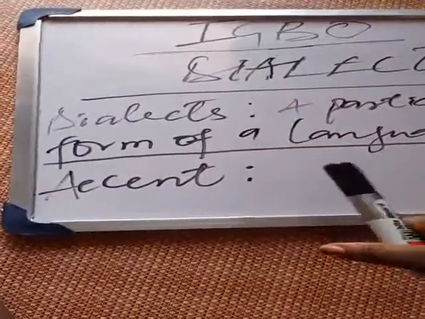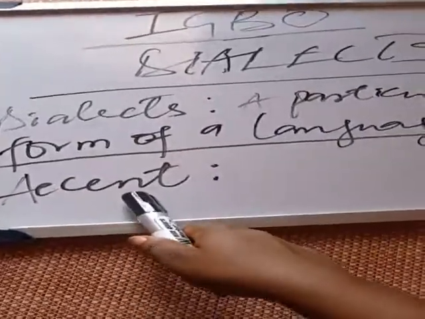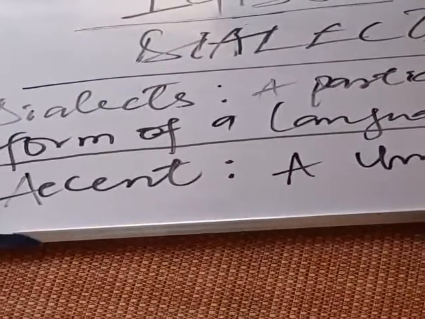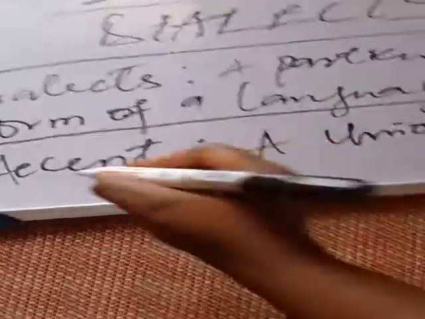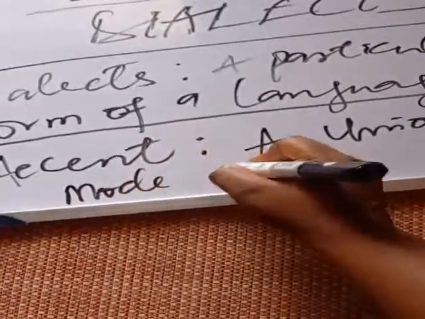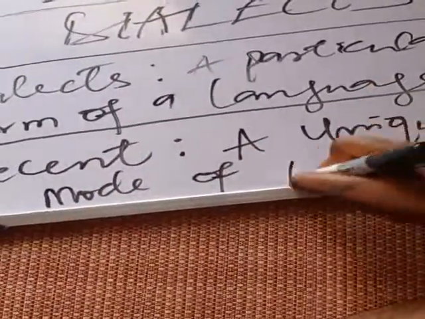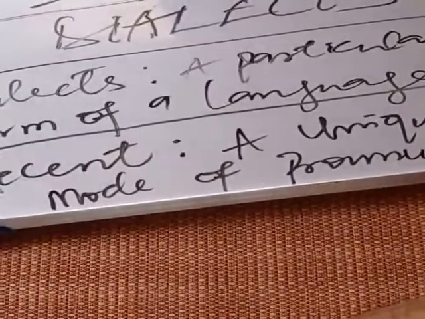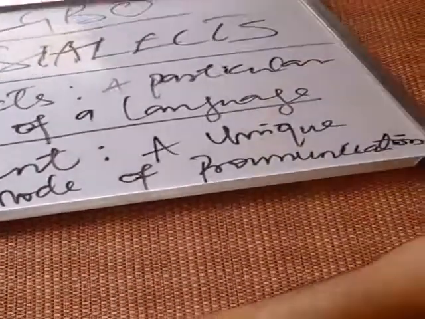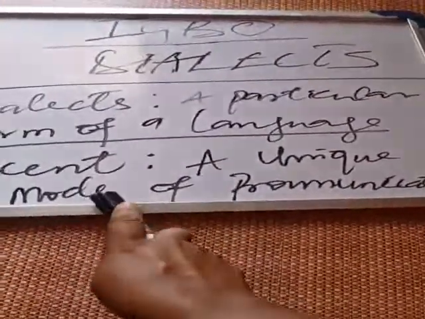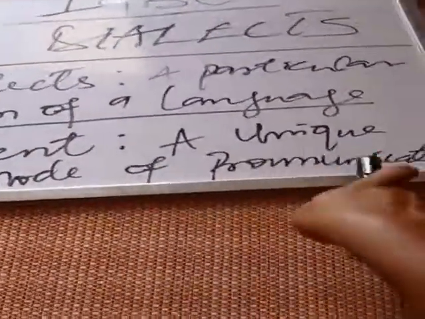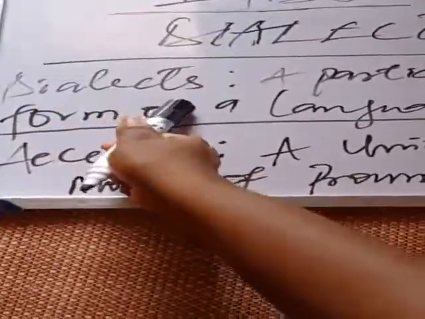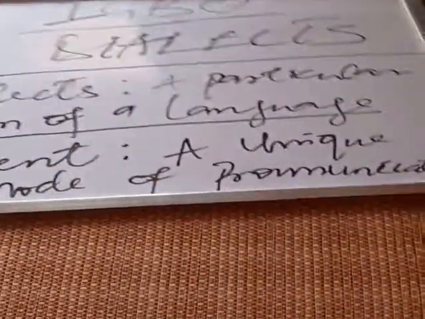Dialects and accents are different, because an accent is a unique mode of pronunciation within a given language, while a dialect is a particular form of a language.